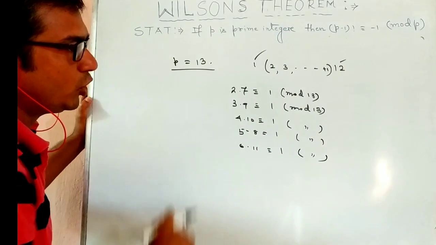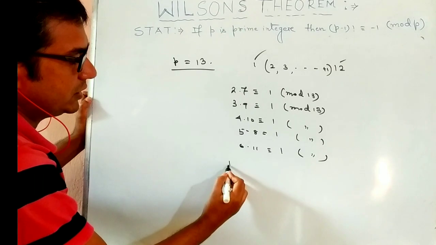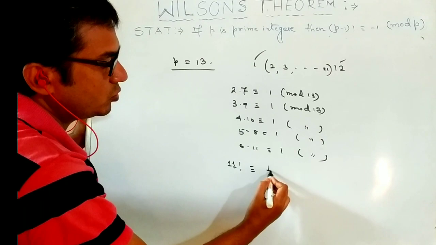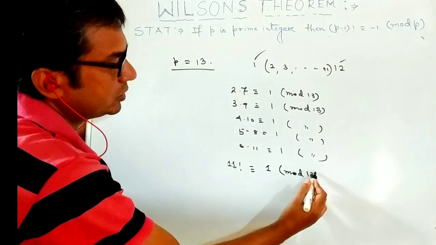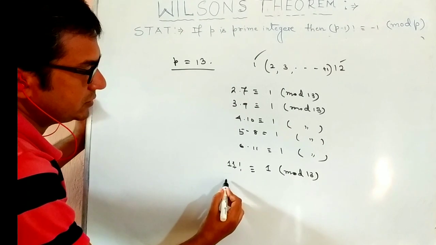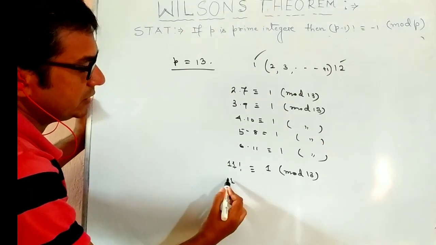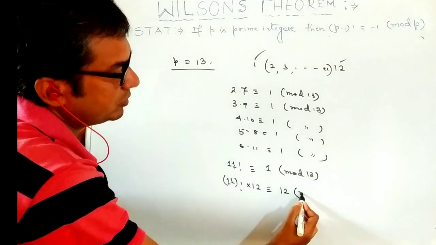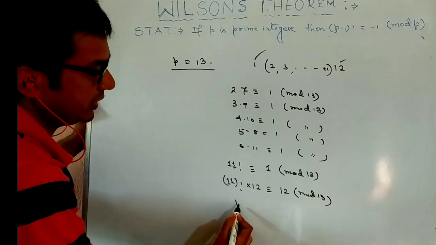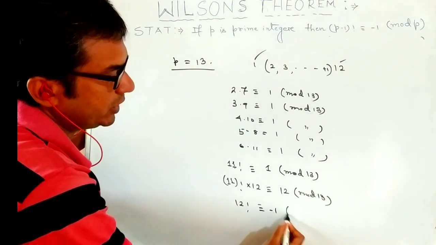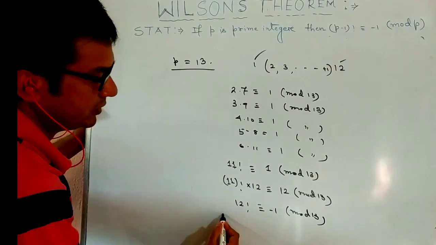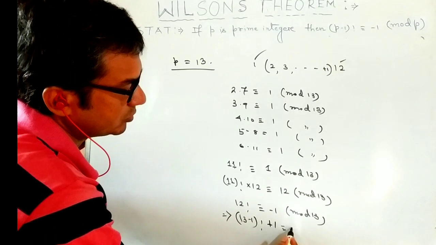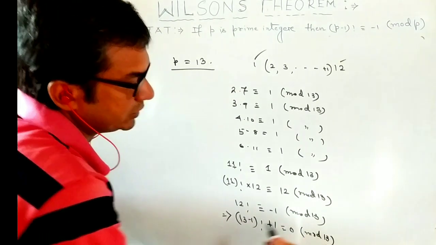Now multiplying all of them we get 11! ≡ 1 mod 13, and 11! into 12 ≡ 12 mod 13, that is 12! ≡ -1 mod 13, that is (13-1)! + 1 ≡ 0 mod 13.